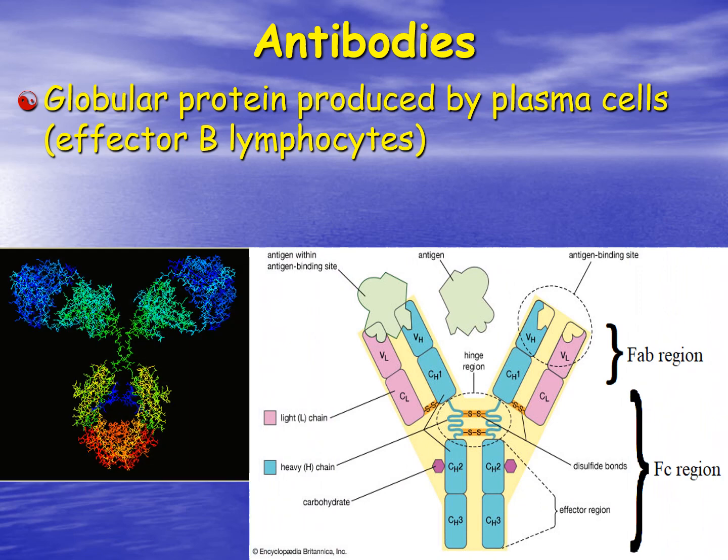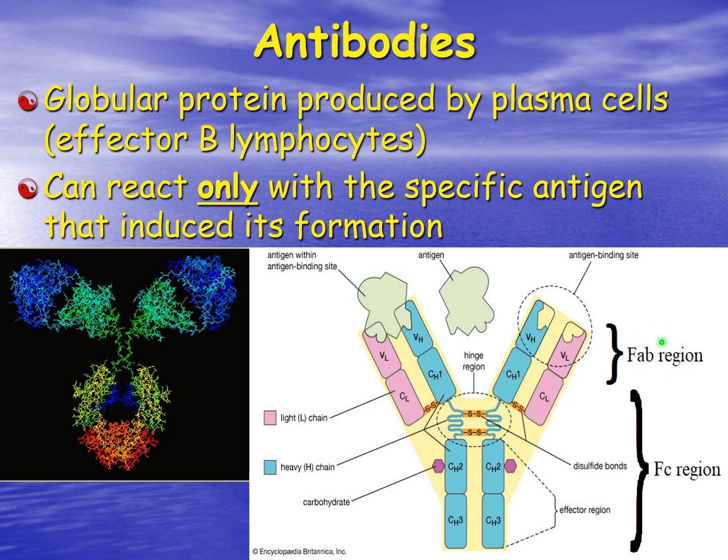The antibody protein is made up of 4 polypeptide chains, 2 shorter ones known as the light chains, and 2 longer or heavy chains, and these are all held together by disulfide bonds, and they form kind of this Y-shaped structure.